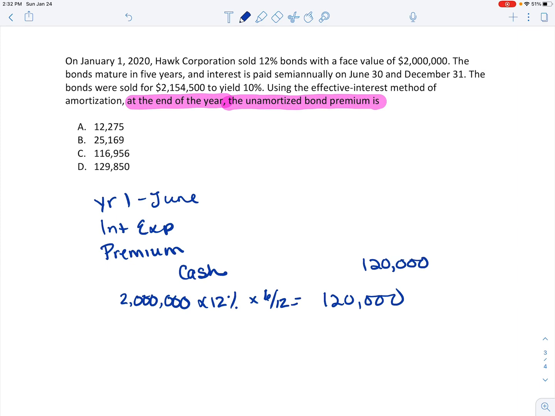The interest expense, on the other hand, is going to be a little bit different. We need to calculate that amount out. That's going to be for the first time through the carrying value times that 10% times 6 over 12, or 107,725.